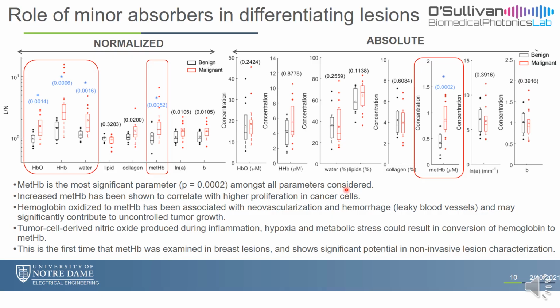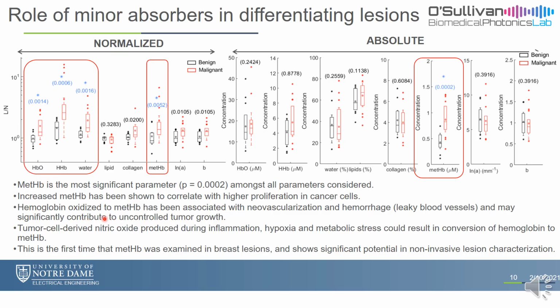Now let's try to understand how this significance of methemoglobin is biologically justified. Some biological studies have shown that increased methemoglobin correlates with higher proliferation in cancer cells.